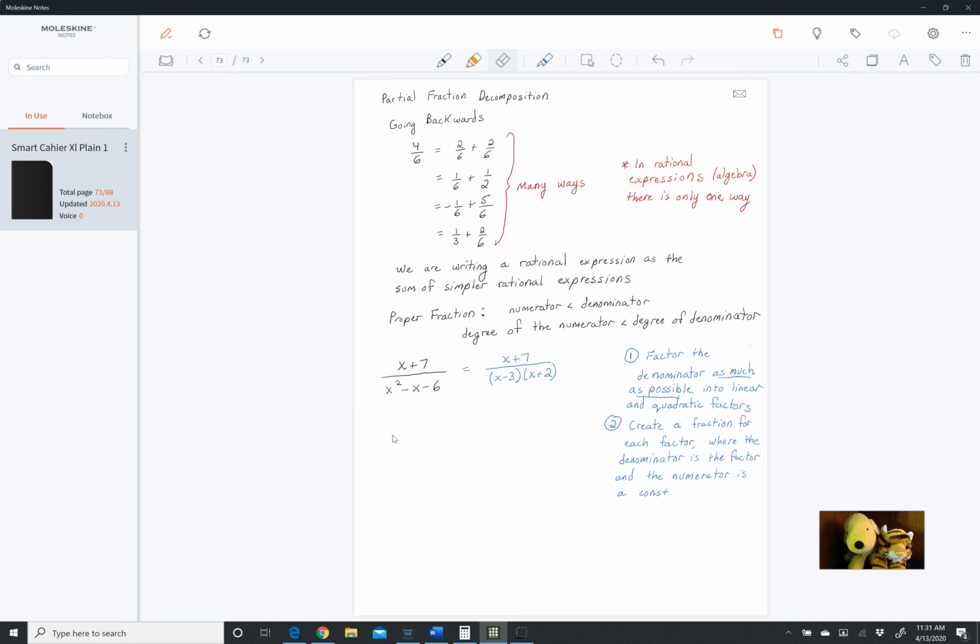We'll call that constant, for example, A, if the factor is linear. And we'll do examples with both cases. If the factor is quadratic, then we would write it as ax plus b.